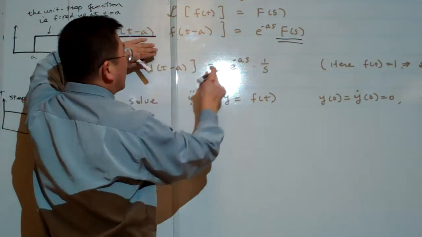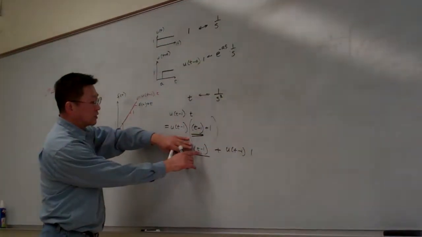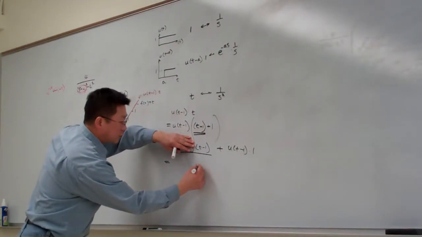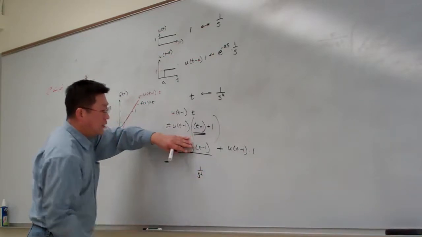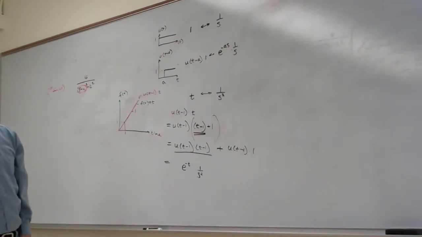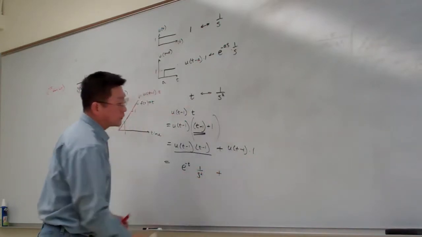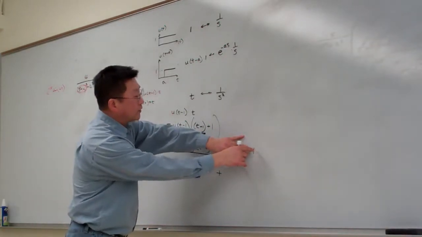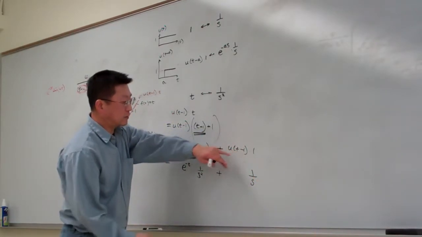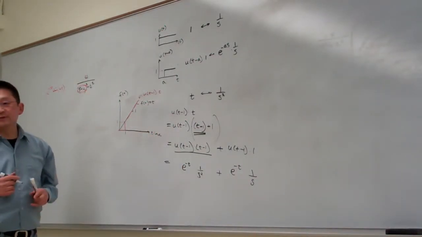With the delayed firing, we simply multiply with e to the minus s. So for this case, we know the template originated from t, so its Laplace transform is 1 over s squared, with the delay, that is e to the minus s. And for this one, the corresponding Laplace transform is 1 over s, and because of the delay, that is e to the minus s. So that is the answer.